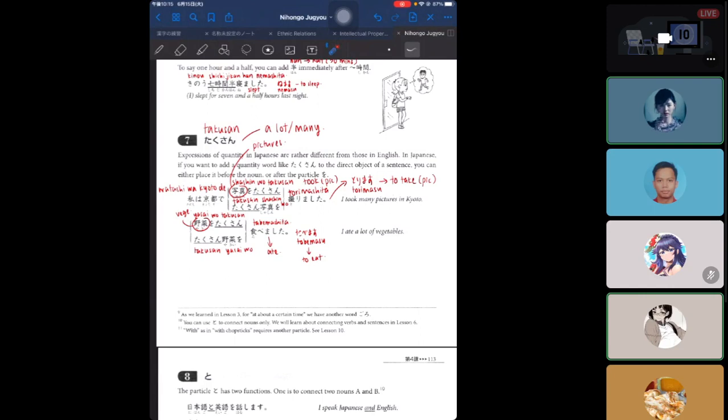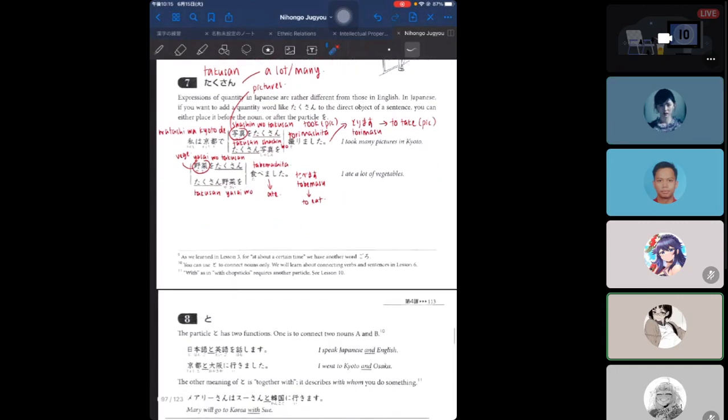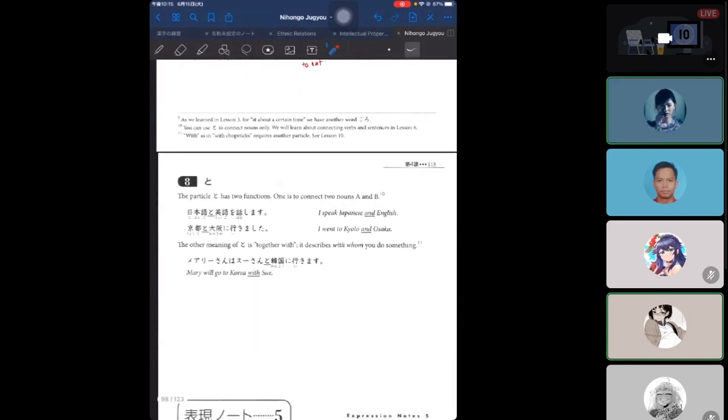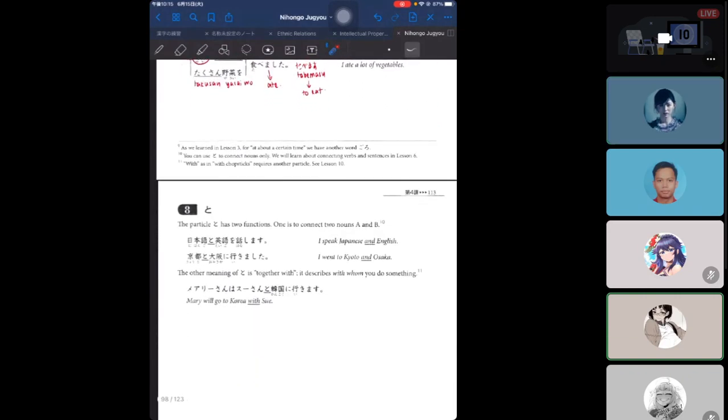For example, if you want to say you don't eat apples a lot: あまりりんごを食べません。 So you always have to end with the verb in negative form if you use あまり.